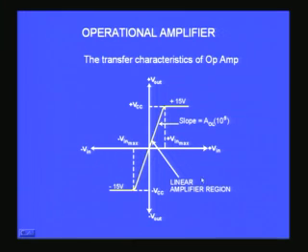That is what is shown here. So this V plus on the input side and the V minus on the input side, they are about 150 microvolts on either side, and only between them you find there is a straight line, and the slope of the straight line is nothing but the open loop gain. In this case typically it is 10 power 5.